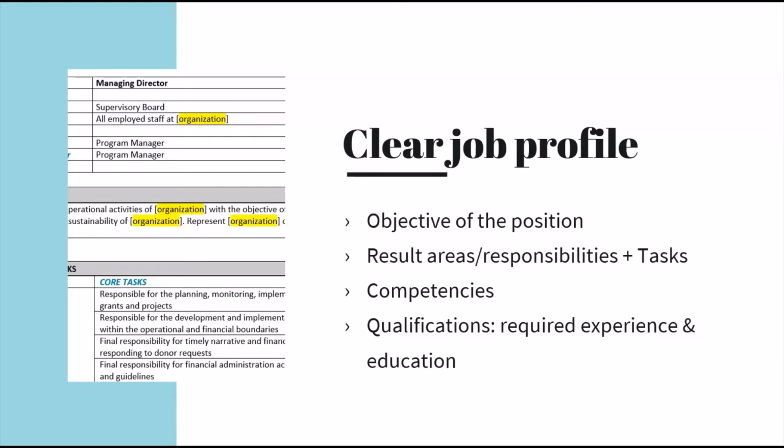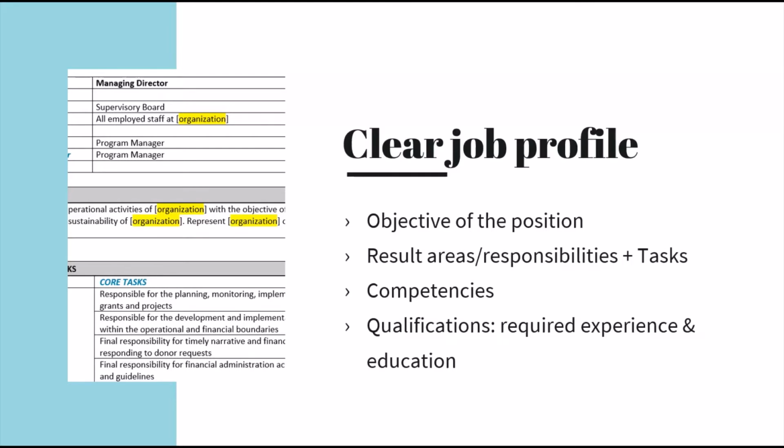Then secondly, an important part of the job profile is usually about what the result areas of that position are, what the main responsibilities are, and what the key tasks are. Yeah, so if you have a program manager, then probably one of the main result areas or responsibilities would be to manage programs properly or something like that.